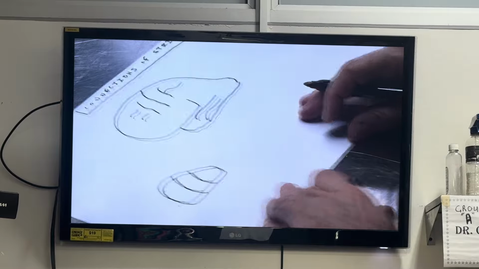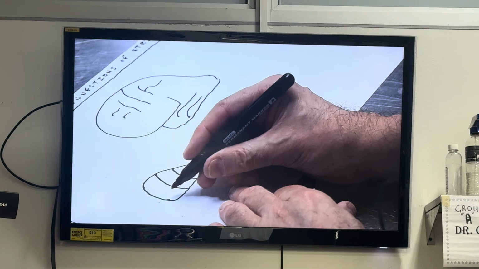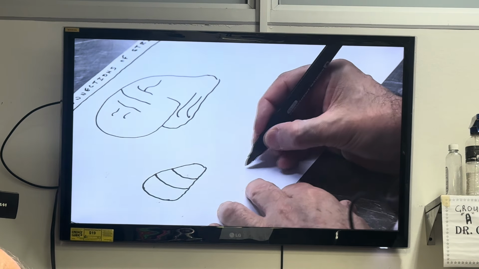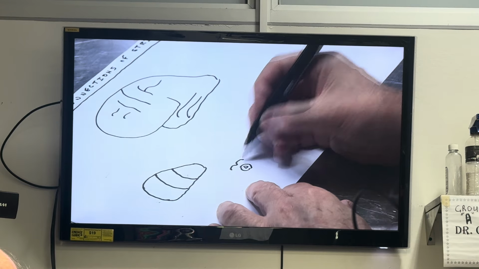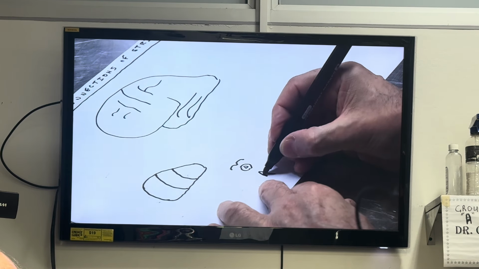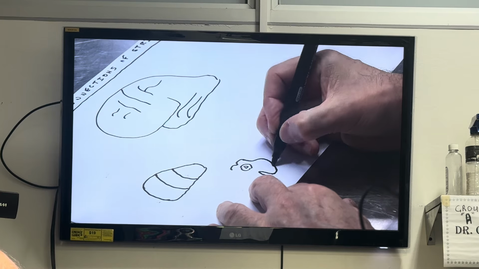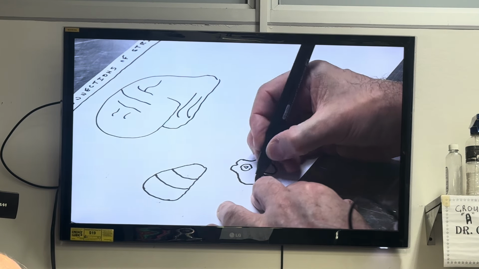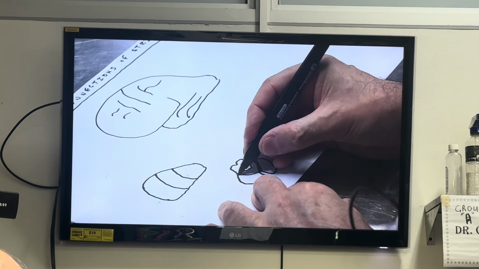So you have your GPi, GPe, putamen. Okay? Putamen. So you have your brain.